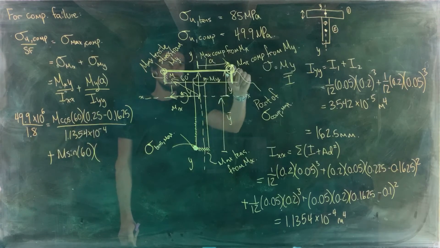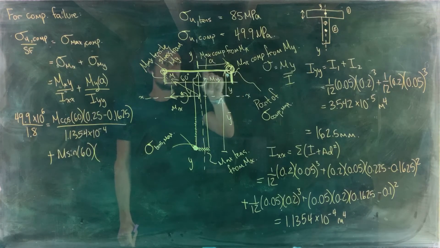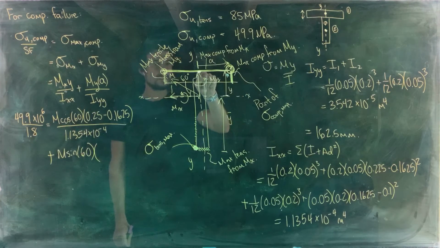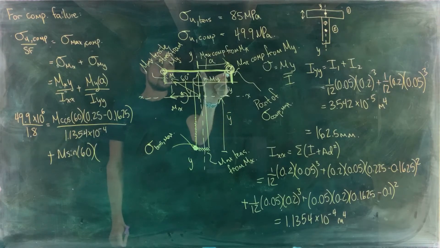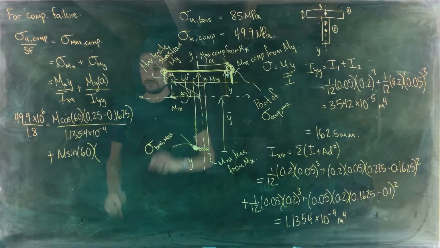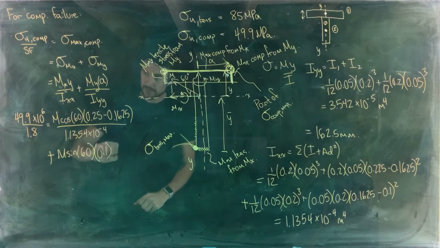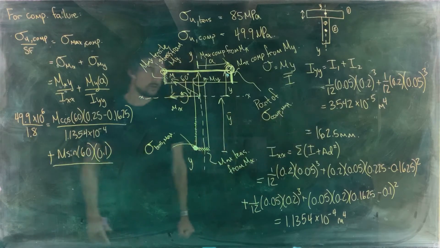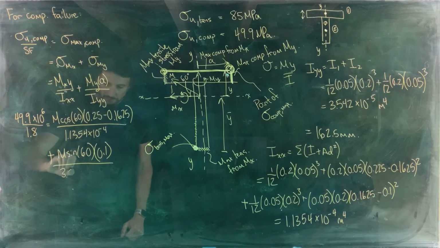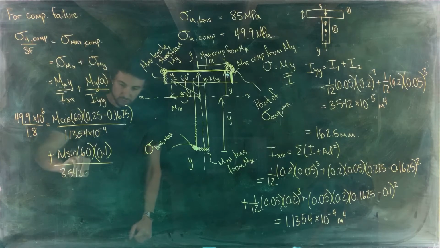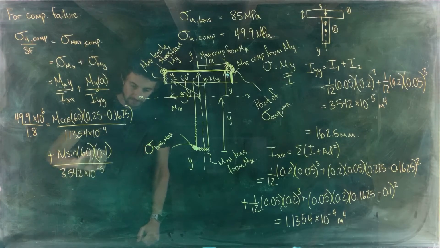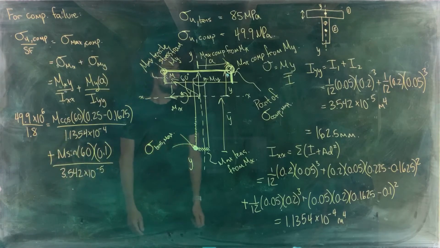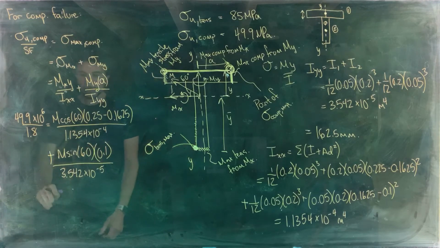And then our distance a, the distance that our point of interest is away from the axis of bending for component My, is 100 millimeters, half of 200, 0.1, divided by Iyy, 3.542 times 10 to the minus 5.